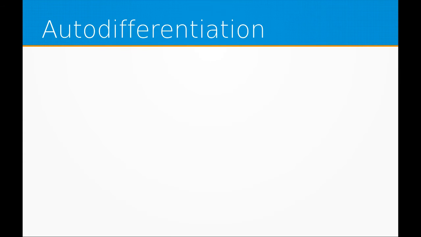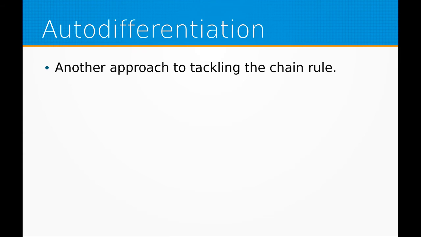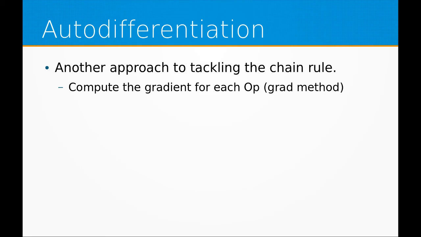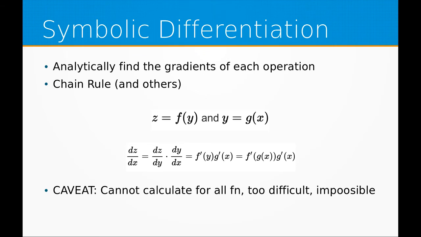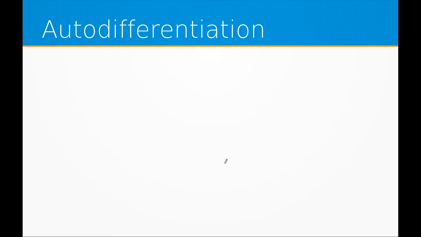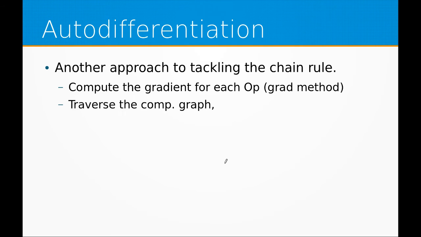So the alternative is auto differentiation, which is just another approach to tackle the chain rule. You compute the gradient for each operation. For example, here you just compute f dash of y and g dash of x, and again I'll come to how you compute that. Then when you traverse the graph, you just collect the gradient for each operation.